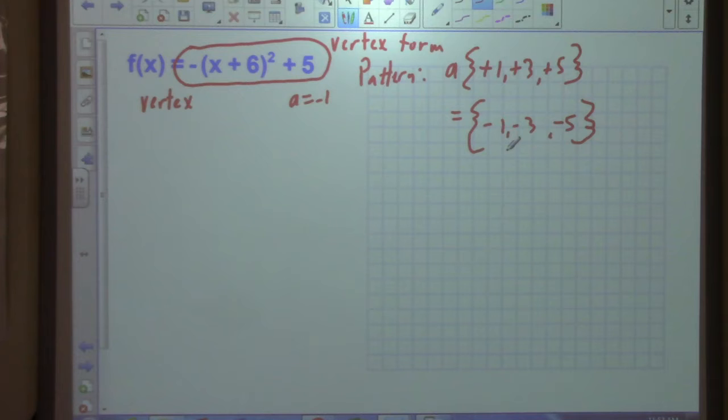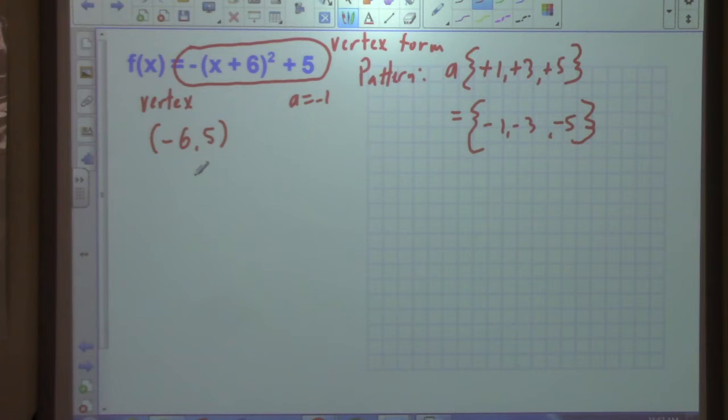Elizabeth, you remember this too? Vertex form, in honors? A little bit? Okay. Yeah, this is called vertex form because this gives us our vertex. And what is our vertex for this thing here? -6, 5 is our vertex.